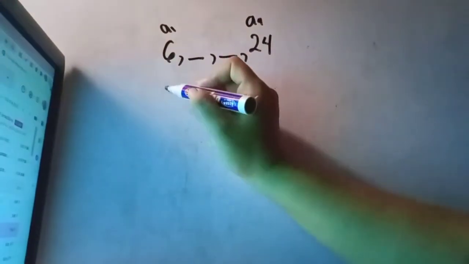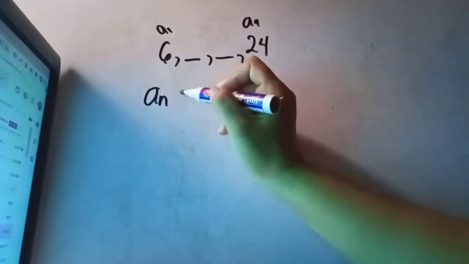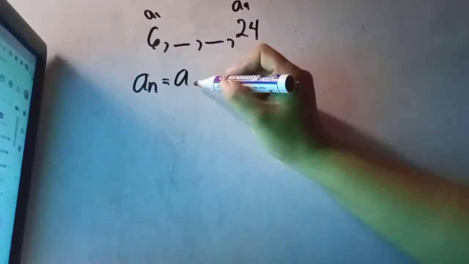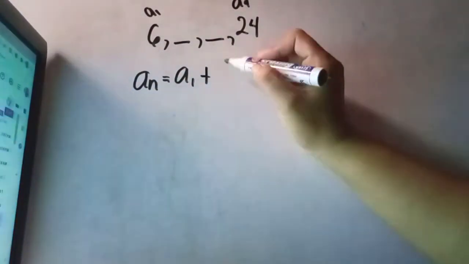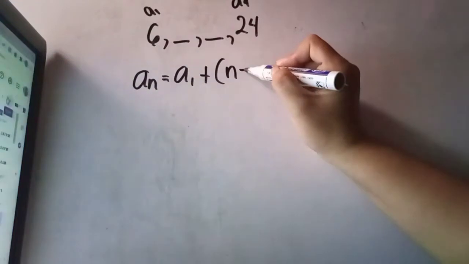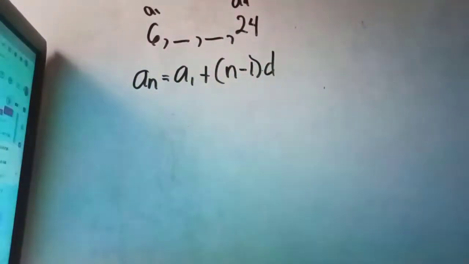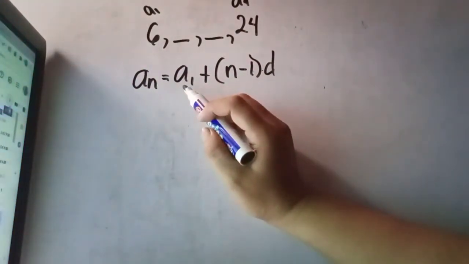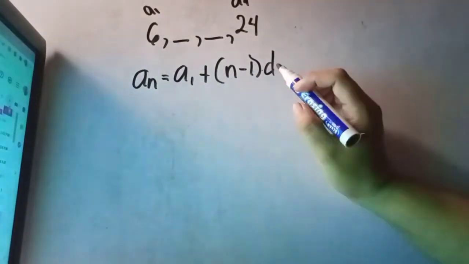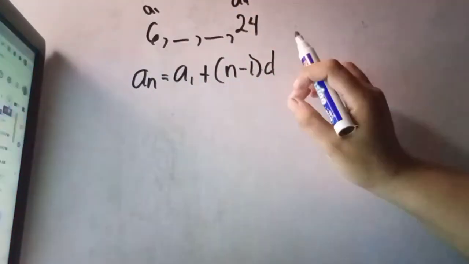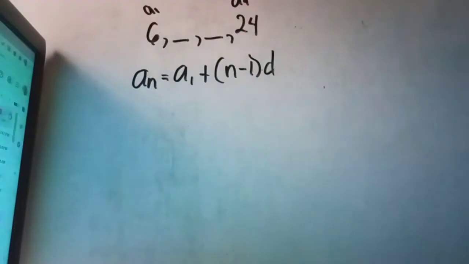Sa ating formula, we have a sub n is equal to a sub 1 plus n minus 1 multiplied by d. Ang kaso, meron tayong a sub 1, meron tayong n, pero wala tayong d. So, ang gagawin natin, hahanapin natin si d.